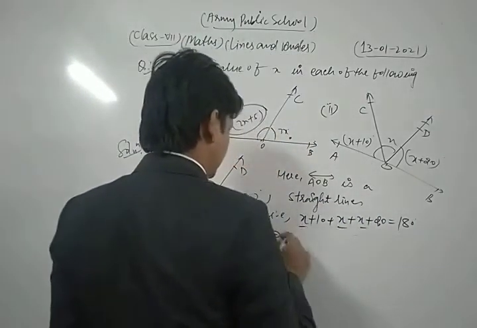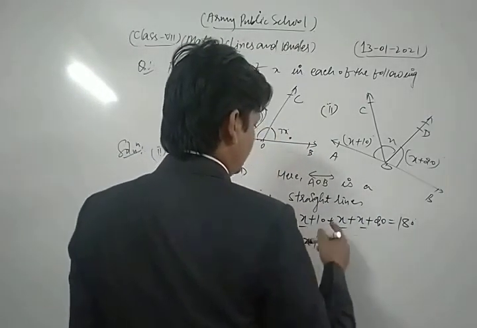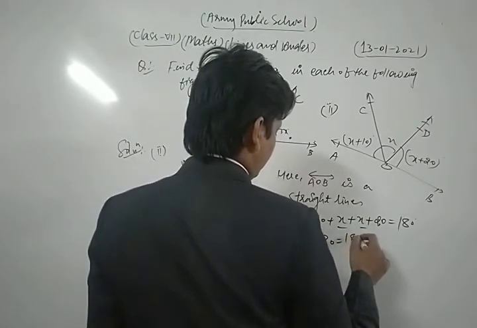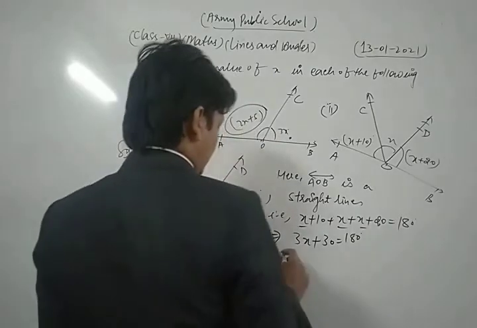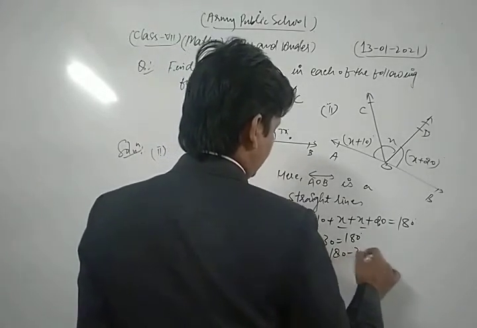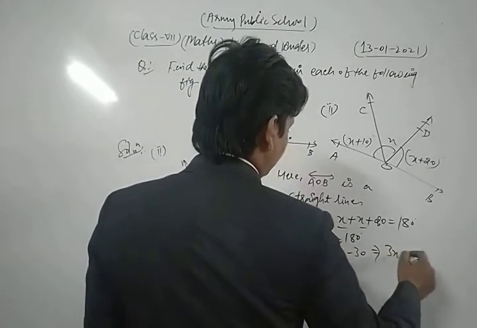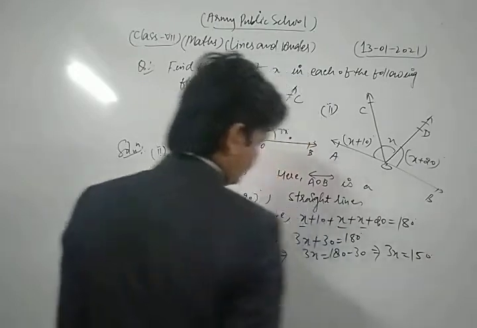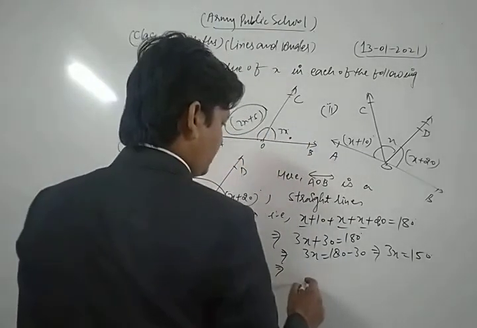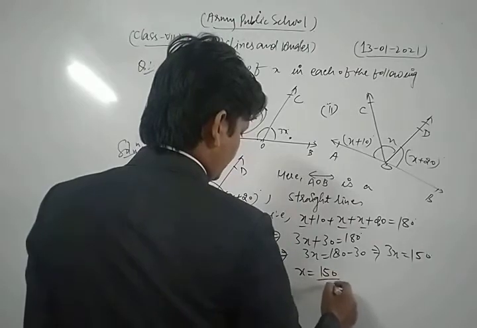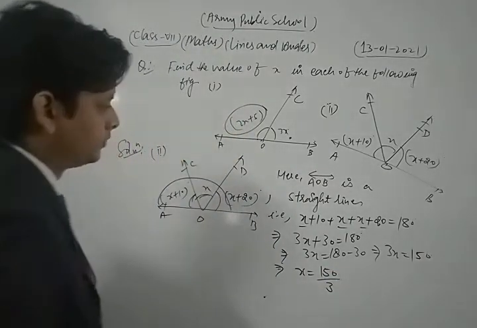Now let's see. That is 3x plus 20 plus 10, that is 30, is equal to 180. So 3x is equal to 180 minus 30, that is 150. x is 150 upon 3.